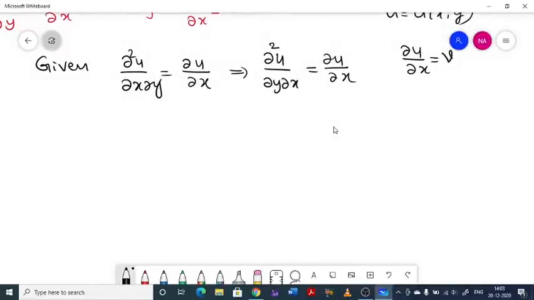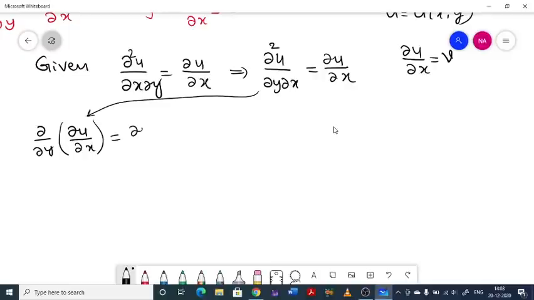Now I can write this as ∂/∂y (∂u/∂x) = ∂u/∂x. But ∂u/∂x = v, so this statement is equivalent to ∂v/∂y = v, or ∂v/∂y − v = 0.